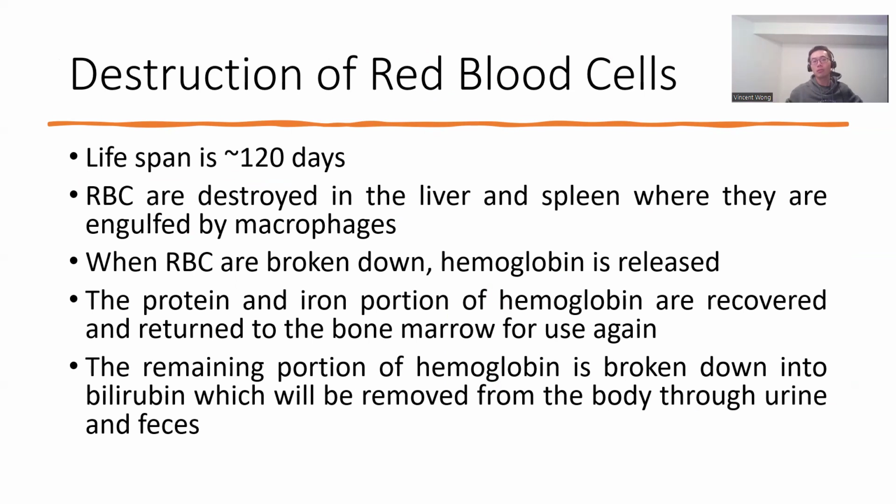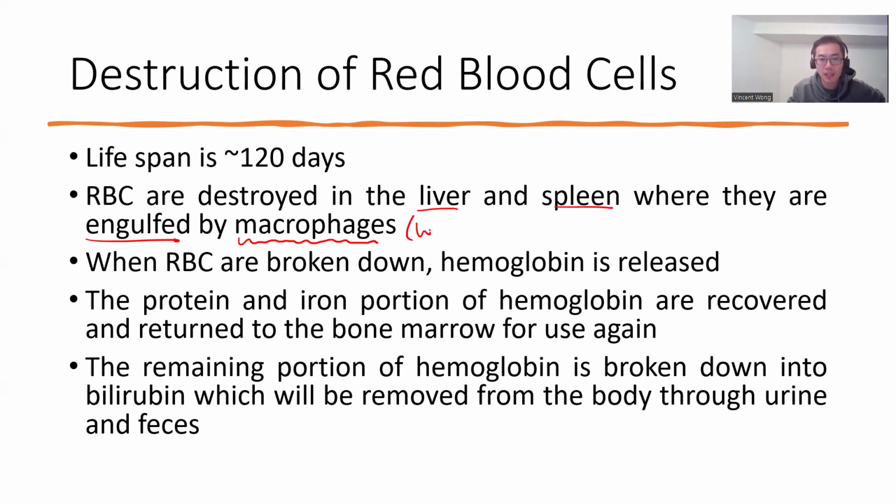Okay, so how long do red cells last in the body? It turns out not too long, about 120 days. So that's roughly 4 months. And when the red cells are old, they will be captured at the liver and the spleen, where they will be eaten up by something called macrophage.